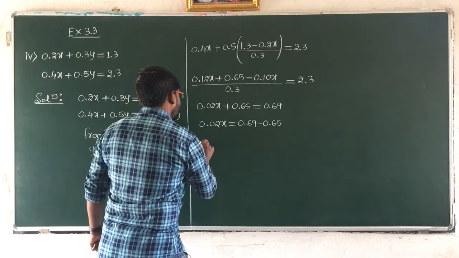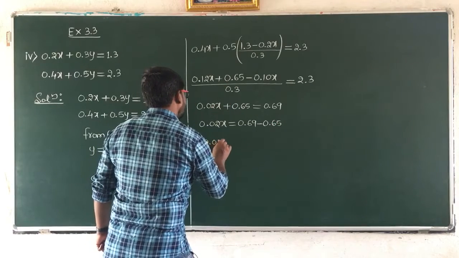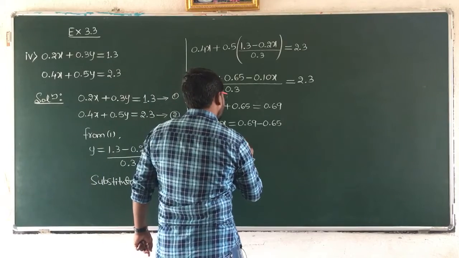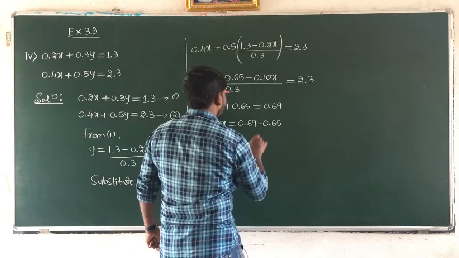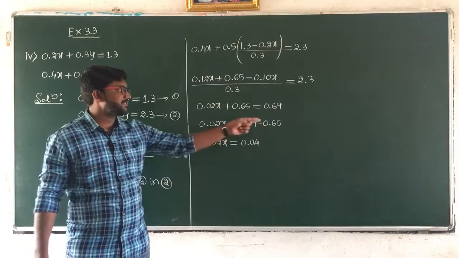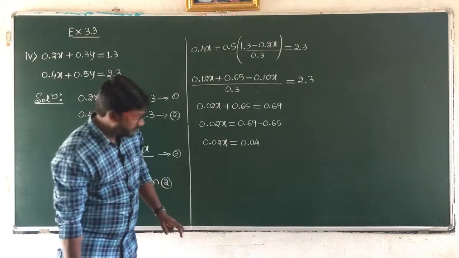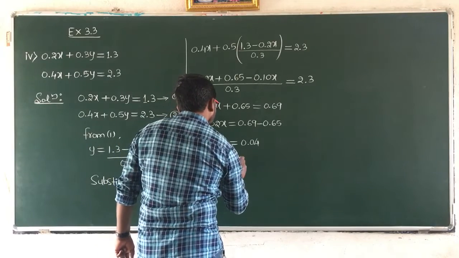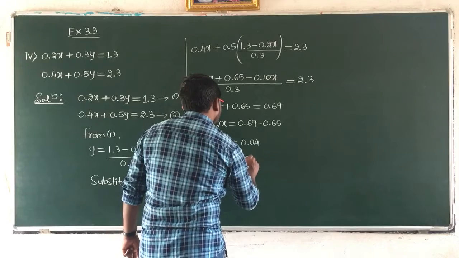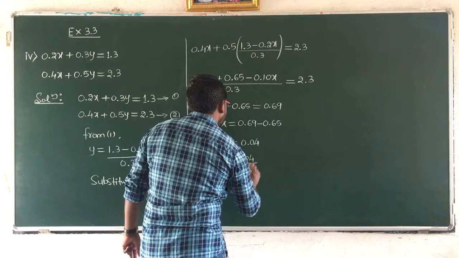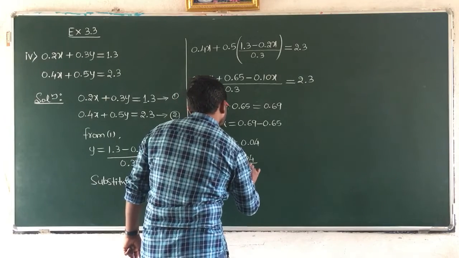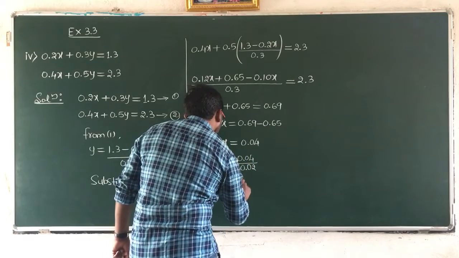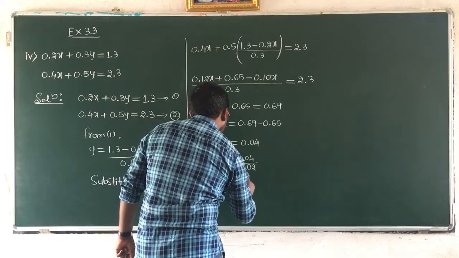So 0.02x equals 0.04, as 0.69 minus 0.65 gives 0.04. Then x equals 0.04 divided by 0.02. So x equals 2.